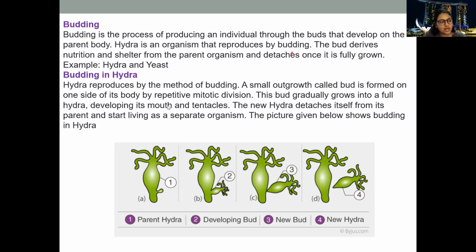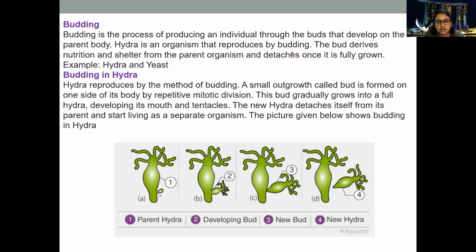Okay. So how does Hydra reproduce by budding? A small outgrowth called a bud is formed on one side of its body by repetitive mitotic cell division. What cell division takes place? Mitosis.